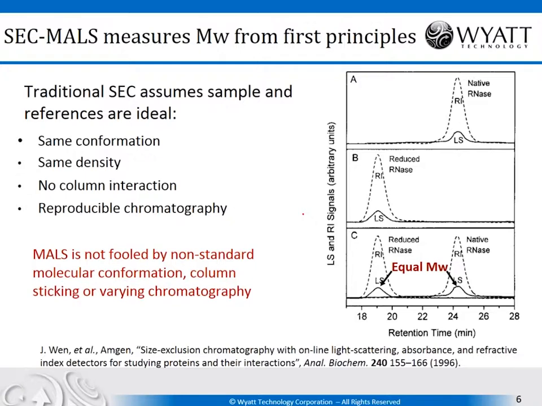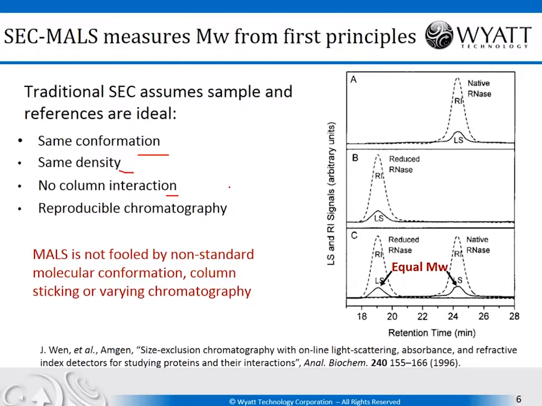And also other things, non-ideal interactions happen with a column that will change the elution time in ways that the reference standards do not interact. So you're making various assumptions in standard column calibration SEC, assuming that the molecules have the same conformation as the reference standards, the same density, the same degrees of hydrophobic or other types of non-ideal interactions with the column.